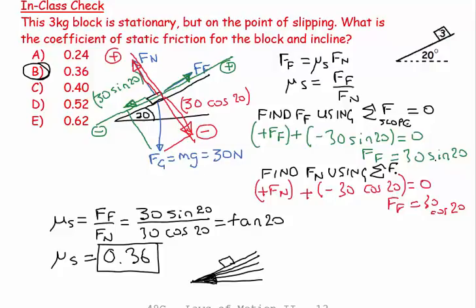The sum of the forces perpendicular to the slope equals 0. So I resolved my forces along the slope to find Ff, and perpendicular to the slope to find Fn. And then I substituted them in. The unexpected result that came out was that mu s is numerically equal to the tangent of the angle at which the block starts slipping. And that was not expected. So there we have it.